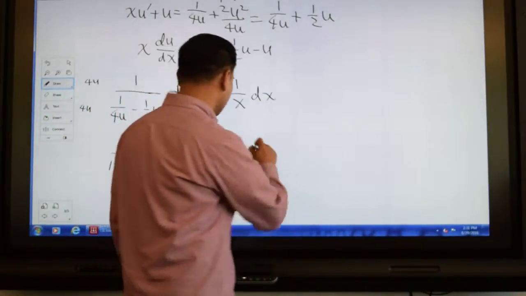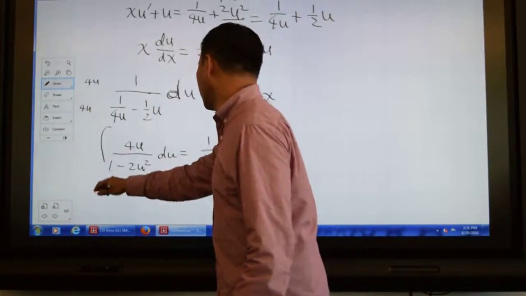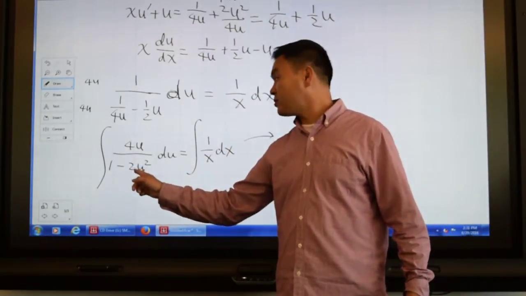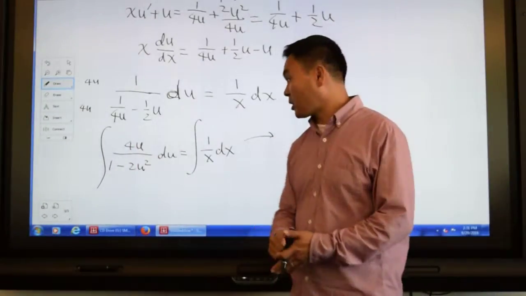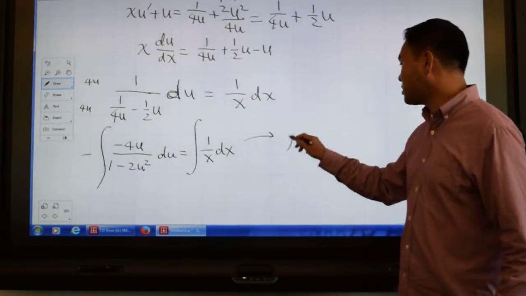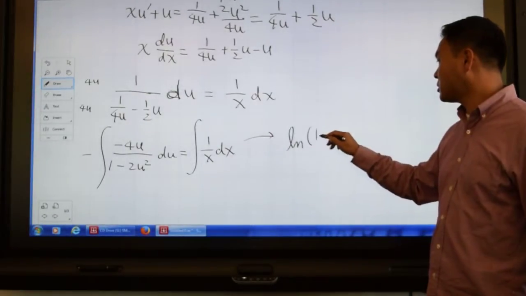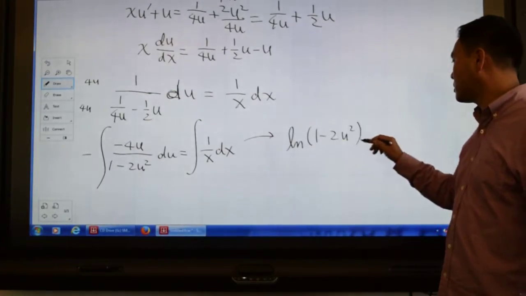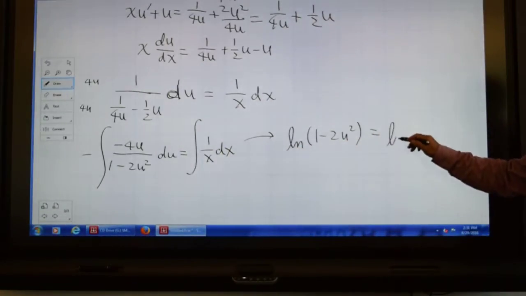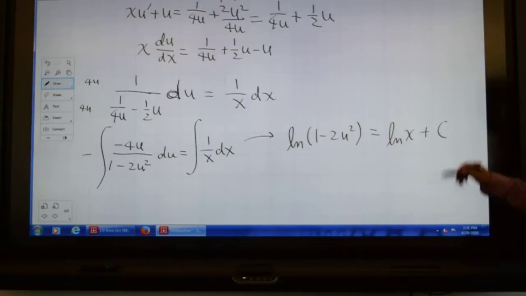And when you integrate, see, if you differentiate the bottom, that's negative 4u, which is just minus of this. So I can rewrite this as minus of minus. So that's ln of the denominator. On the right side, 1 over x integrates to ln of x plus c.